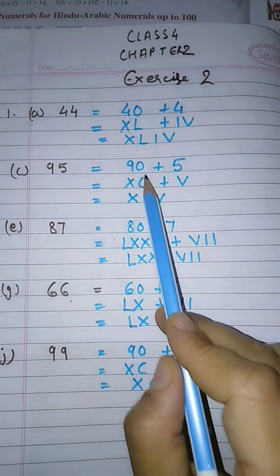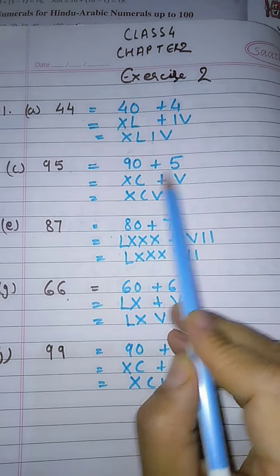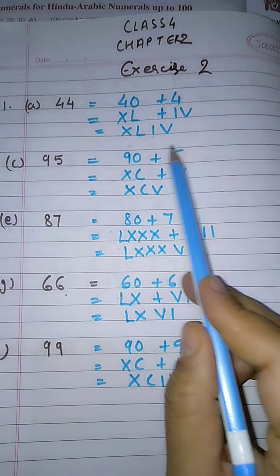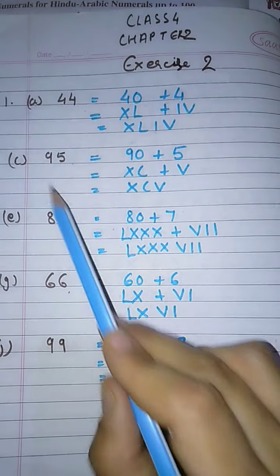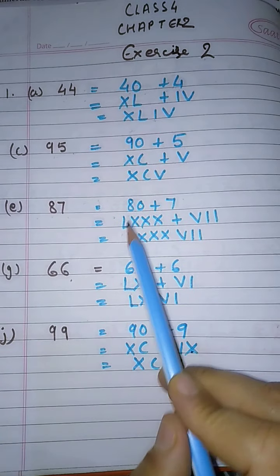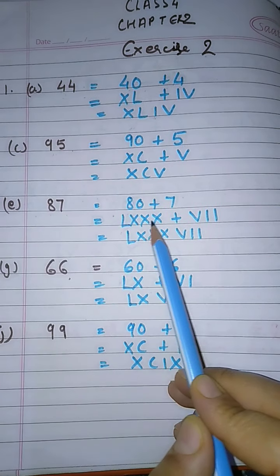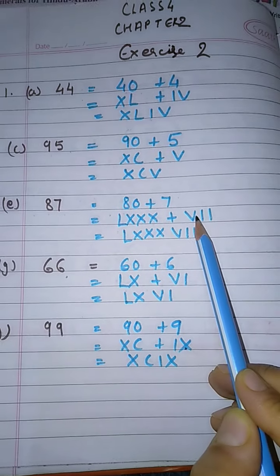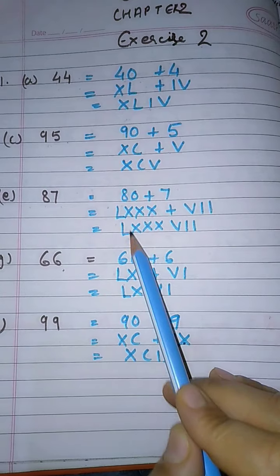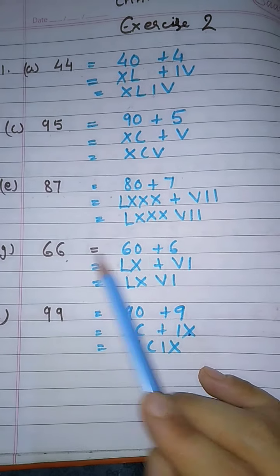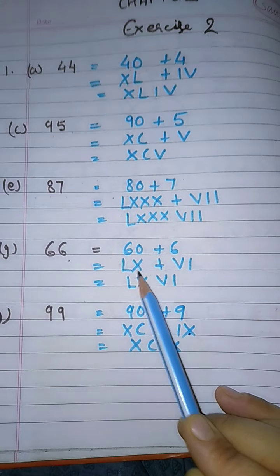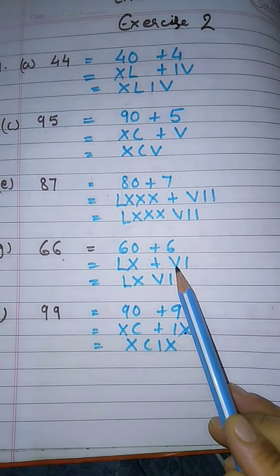Now 95, first you will break it as 90 plus 5. Now 90 is XC and 5 is V, so XCV is your Roman numeral for 95. 87, 80 plus 7. 80 is 50 plus 10 plus 10 plus 10, it is 80. And 7, so L triple X V double I, that is 87. 66, 60 plus 6. 60 is LX, that is 50 and 10, and 6 is VI, 5 and 1.